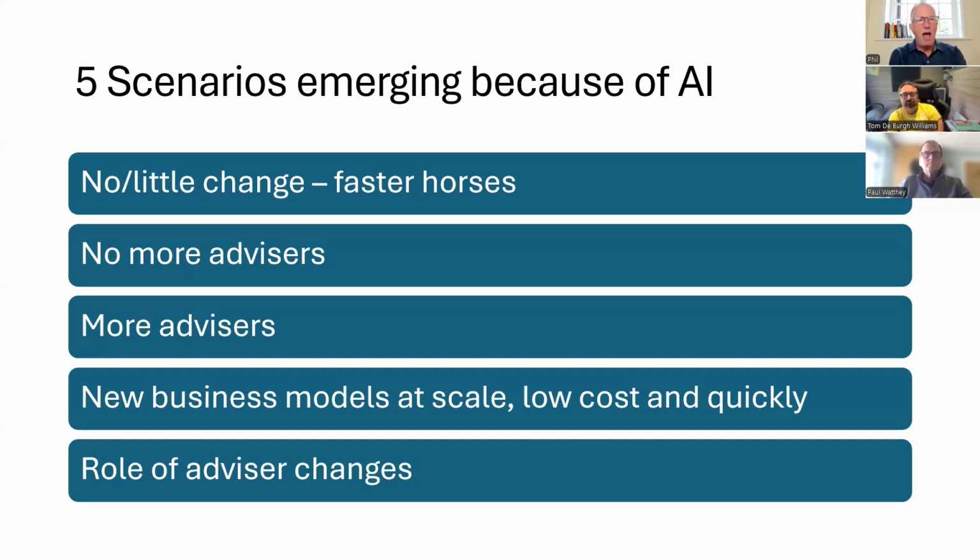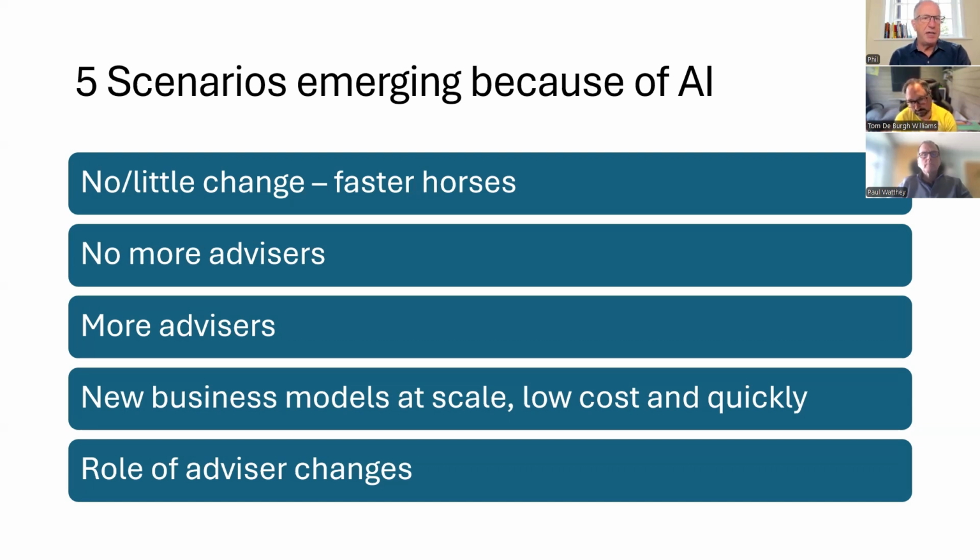Where that takes us is that AI in the back office will frankly be a given. It'll be another bit of tech that we automatically use, and we end up in a situation where our financial advice business hasn't changed, but we're a bit more efficient. Faster horses, I think, is the expression a number of people use.